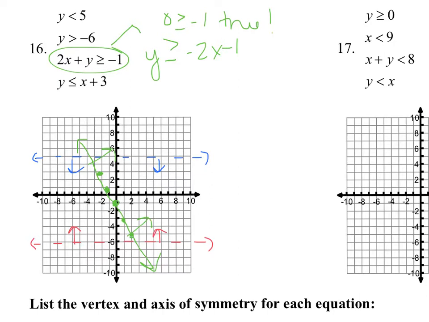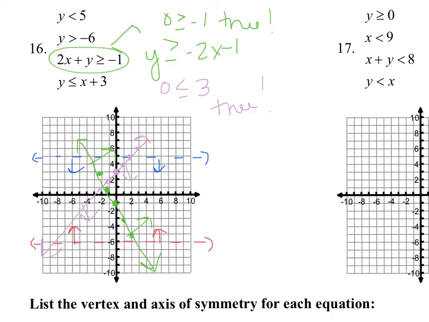And then for the last one, we have the y-intercept at 3, and the slope is +1. This is going to be another solid line. Okay. Test the point 0, 0. That is true. So we need to shade to include the point.